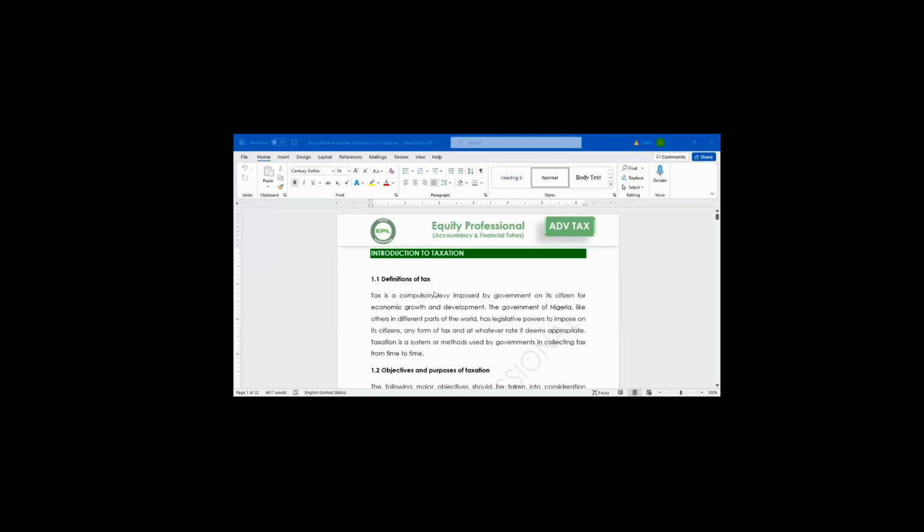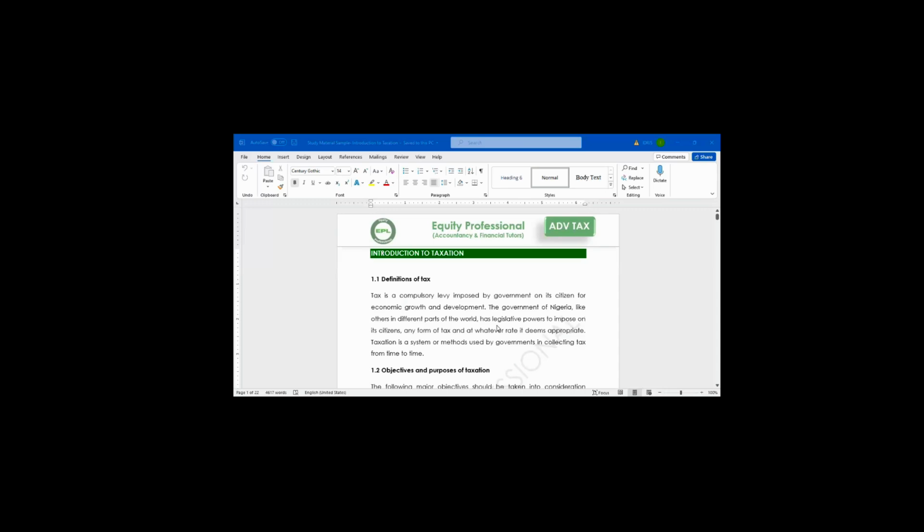I will start with what is tax, the definition of tax. According to my material, tax is a compulsory levy imposed by government on its citizens for economic growth and development. What this means is that tax is a levy. Levy means an imposition, something that was imposed.